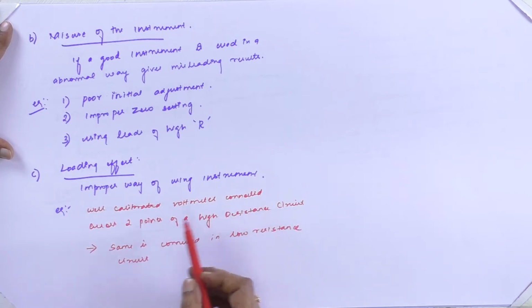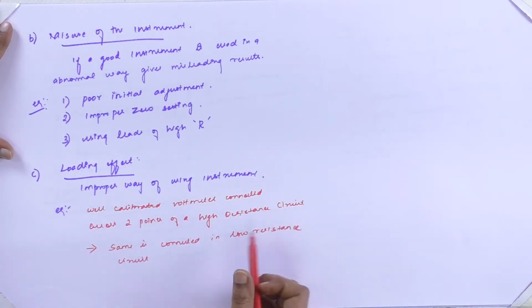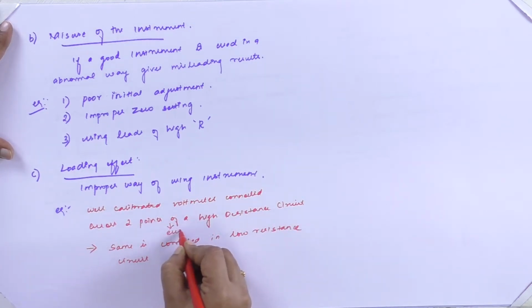So a well calibrated voltmeter connected across two points of a high resistance circuit will cause error.